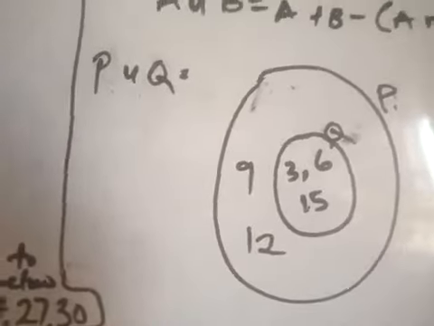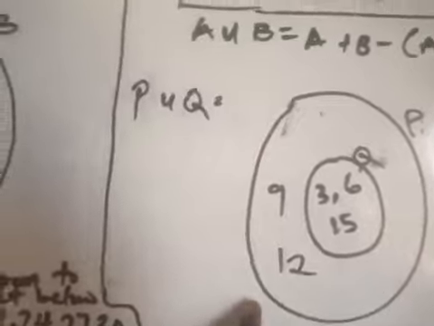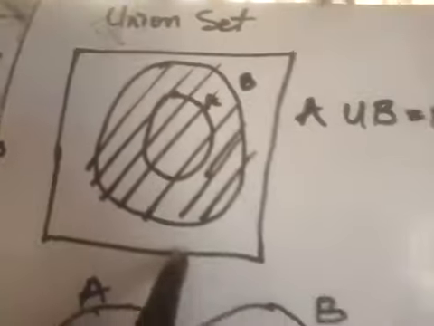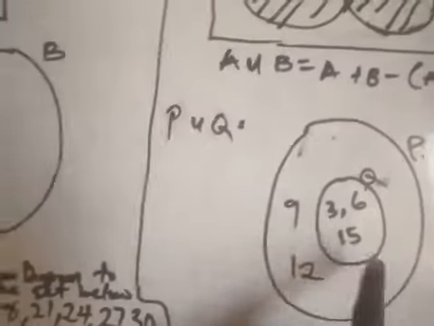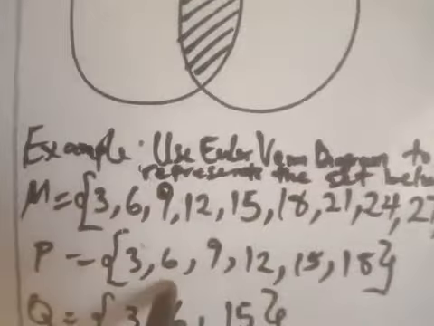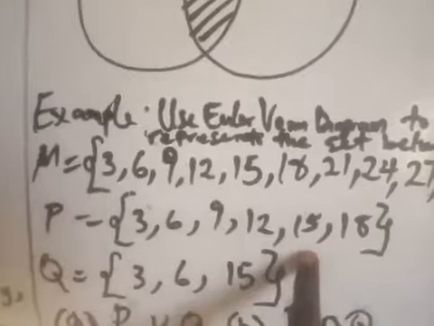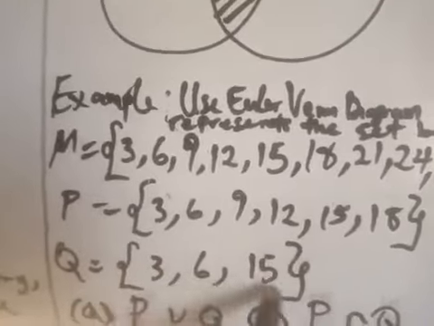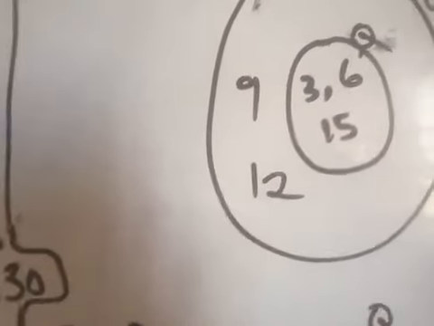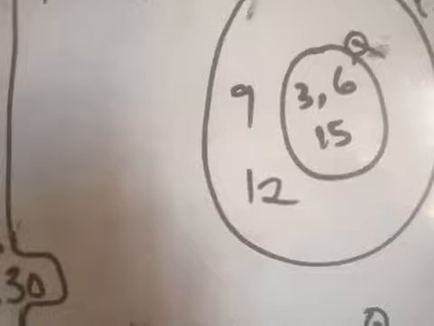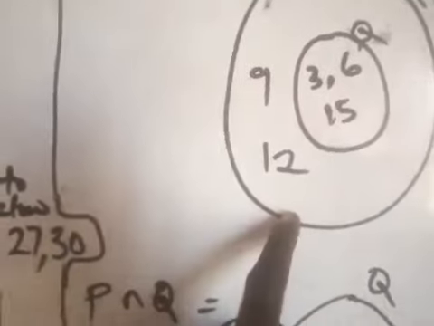So that's why you have this Venn diagram, just like this. Of course, you can find 3, 6, and 15 in P, and you can find 3, 6, and 15 in Q. So that's their intersection. But at the same time, you have your 9, 12. Do you get it now?